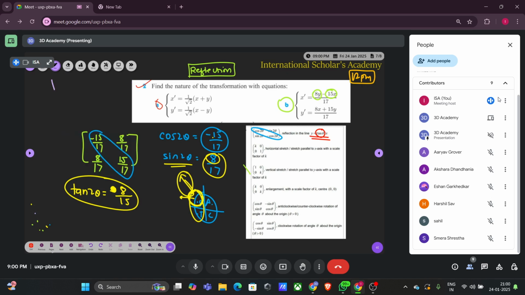What you can do is find 2 theta equals tan inverse 8/15, right? So tan inverse 8/15 will give you a value in the first quadrant, and if you want to take it to the next quadrant, you will add pi/2 to it. How many of you understood this point? Please raise your hands. Ishan, Sahil, is this what you did?